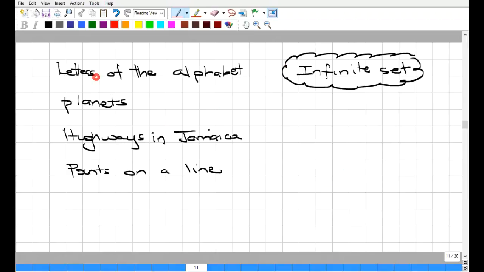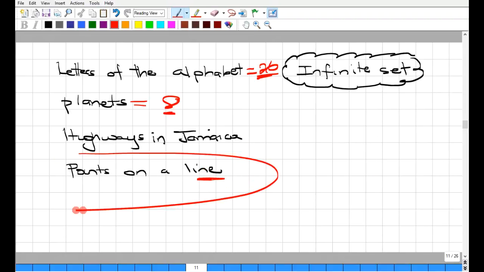So the letters of the alphabet, we know there are 26 letters. The number of planets in our solar system would be equal to 8. Highways in Jamaica, we could count that. But points on a line, we can't count. So this one would be the infinite set.